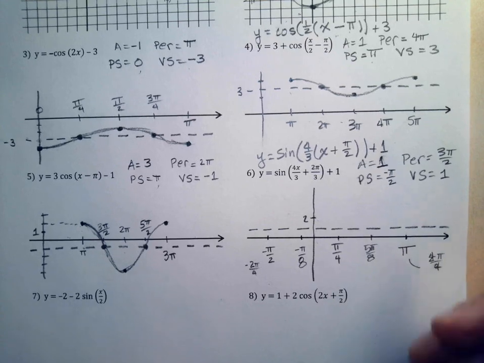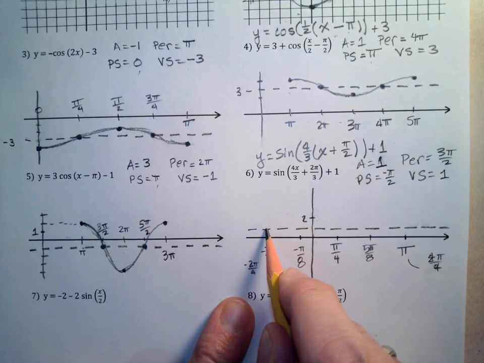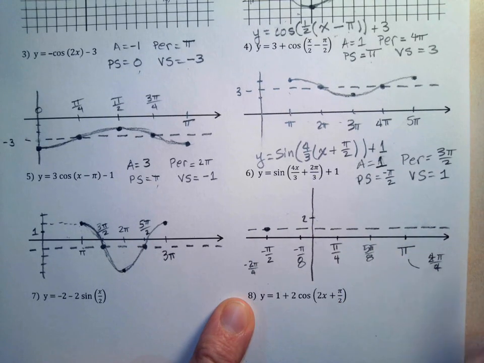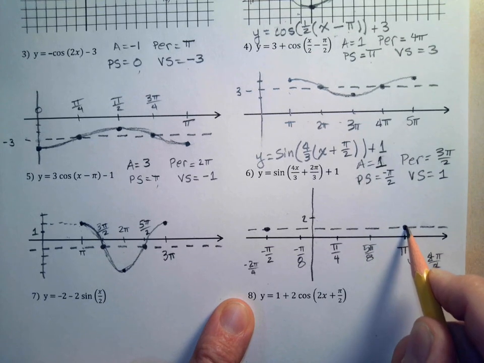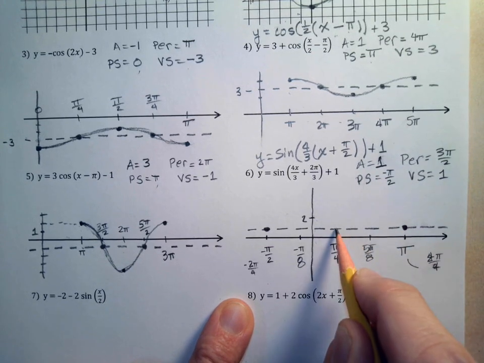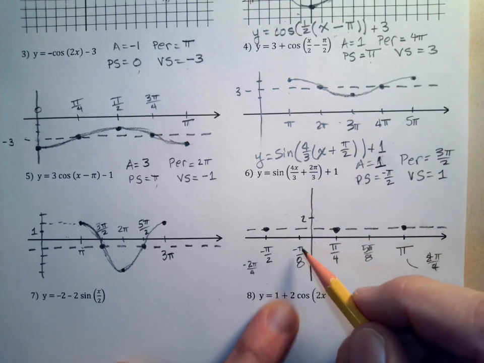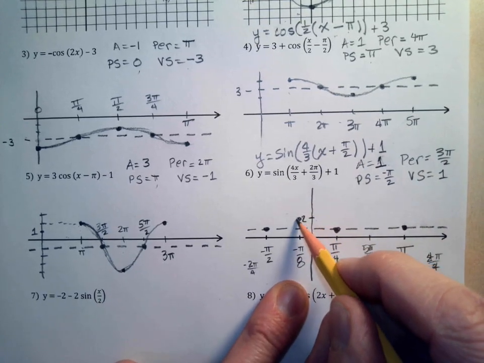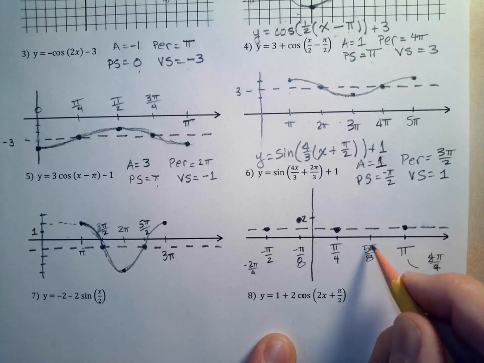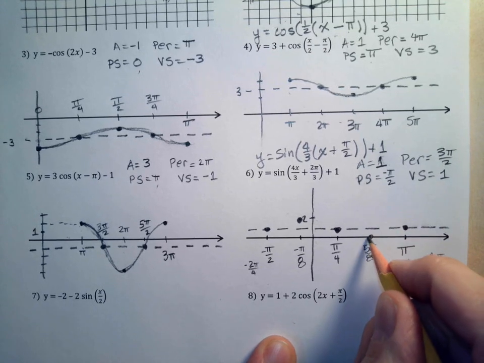Okay, so let's start our phase shift. We're going to start sine, so we're starting on the baseline. We're going to finish on the baseline, halfway between on the baseline. It's positive 1, so first we're going up to 2, and then going down to 0 here.